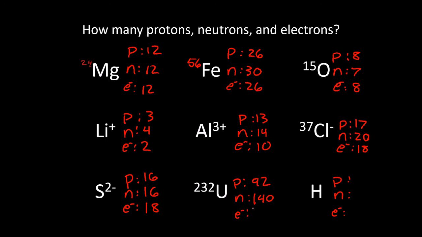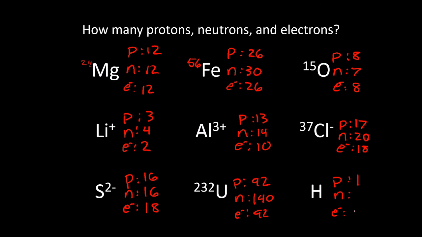But that is the way things work, which we'll talk about in a later chapter. As you get to really large elements, you tend to have a lot more neutrons than protons. And we'll talk about why that's the case later. And then the last thing here, 92 electrons, because we have the same number of protons as electrons because there is no net charge.